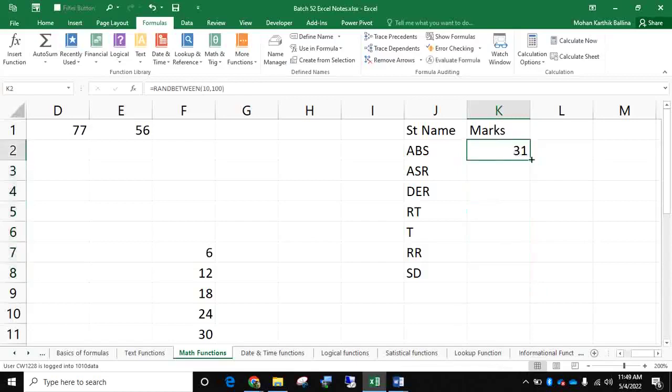Another method is to use the small plus symbol at the right bottom corner of the cell and just drag it. So in this scenario you can use RANDBETWEEN.